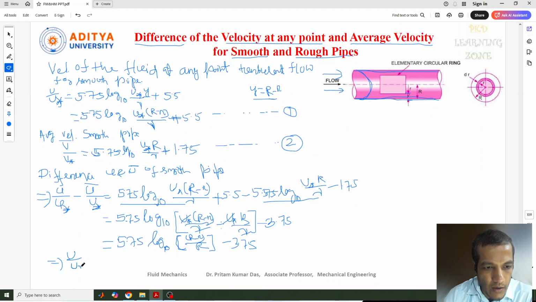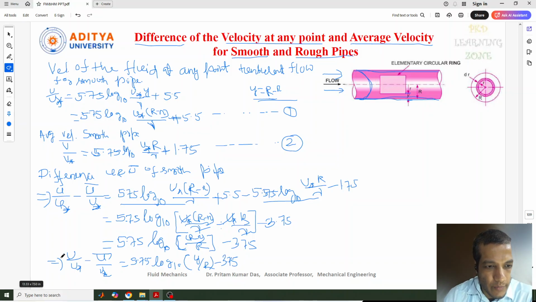So this is the difference between these, or else we can write again in final terms like u by u star minus u bar by u star equal to 5.75 log 10 bracket start, R minus r, we have taken y here, so the same thing we can keep otherwise here, y by R, minus 3.75.